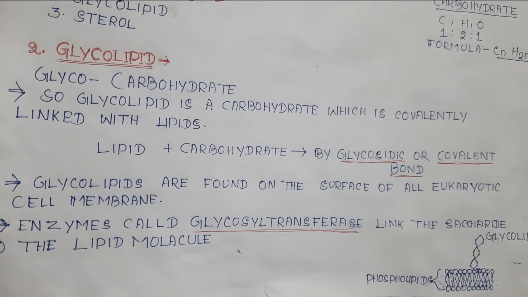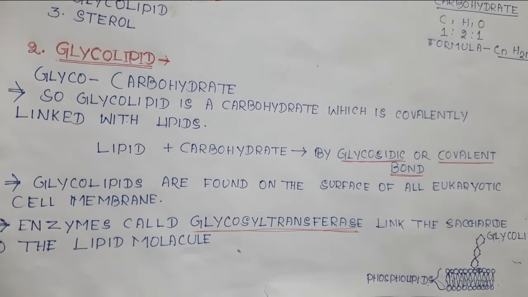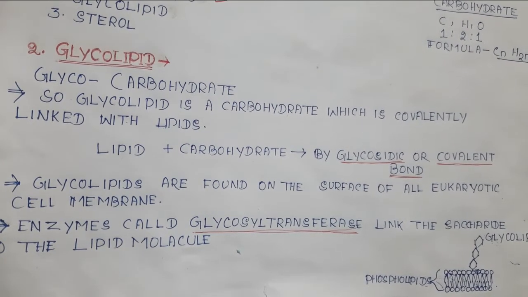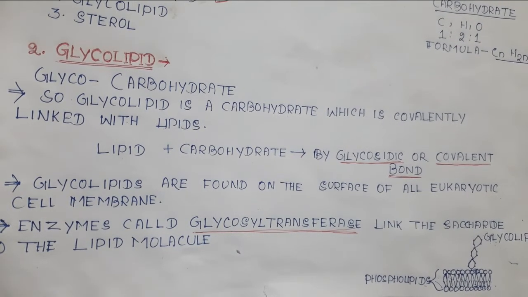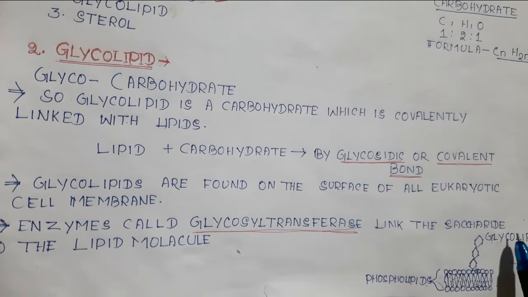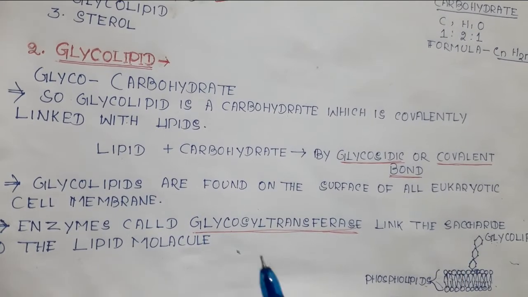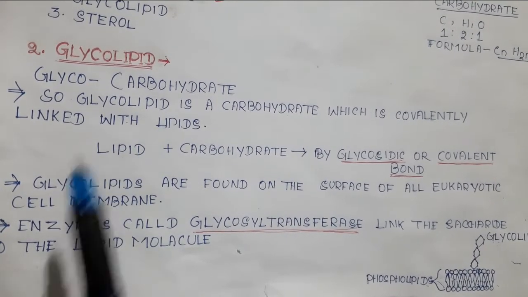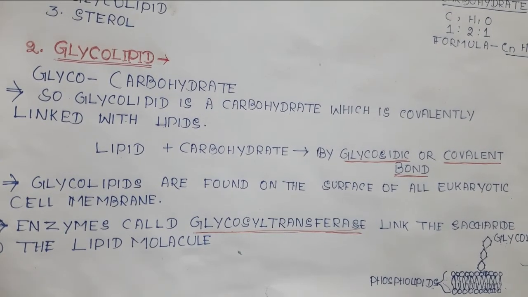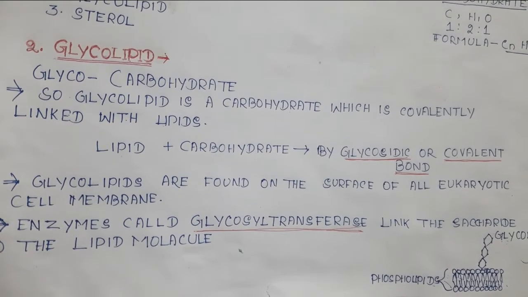As I said, lipid combines with carbohydrate to make glycolipid, so there must be an enzyme that plays an important role in its synthesis, known as glycoside transferase. It links the saccharides, meaning sugar, to the lipid molecules and forms glycolipids. You can say lipid plus carbohydrate, with the help of a glycosidic bond and the enzyme glycoside transferase, forms glycolipid.